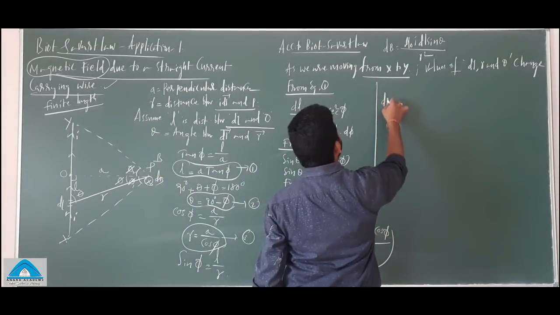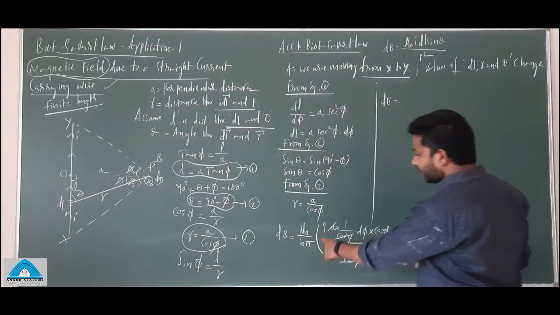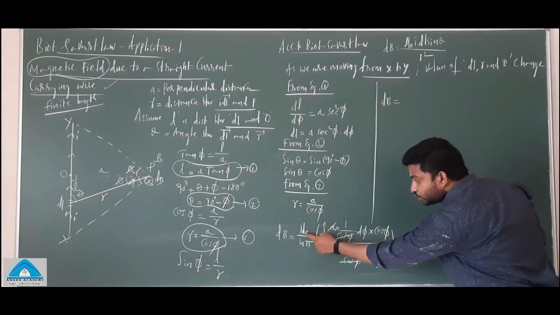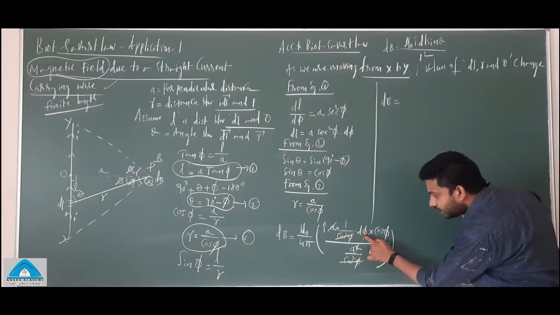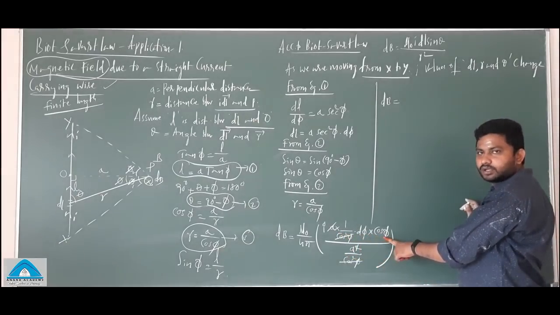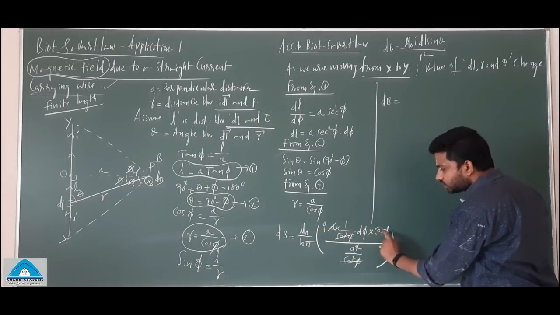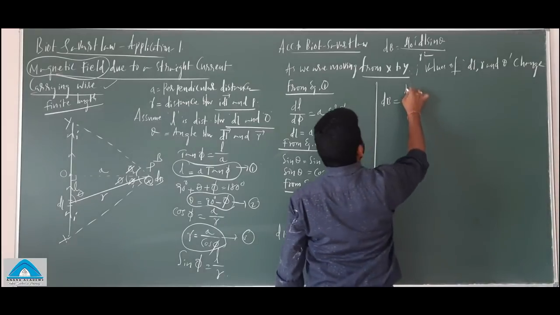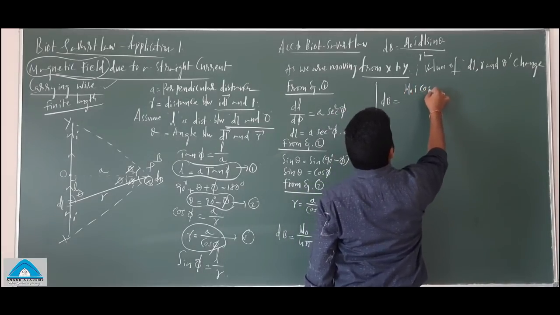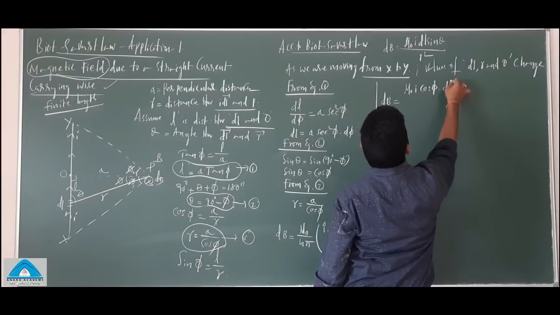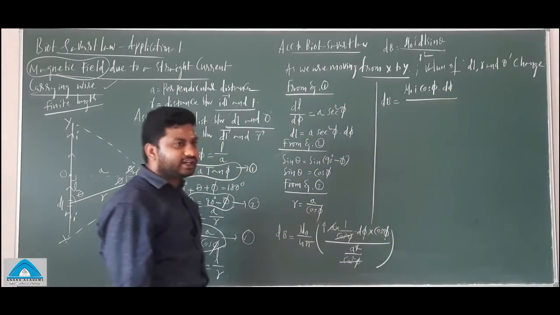Look at this situation here. Your dB value is equal to mu naught, and the numerator is mu naught I cos phi d phi, divided by, what is the denominator?